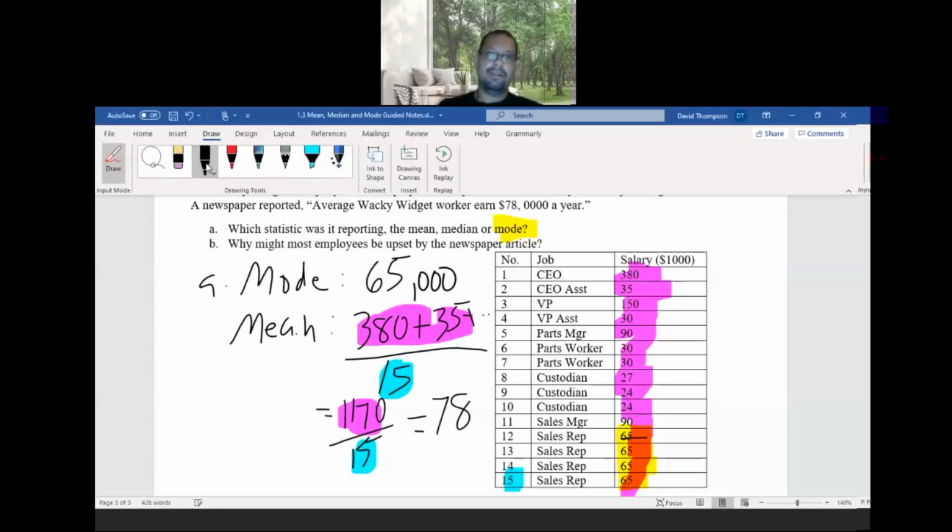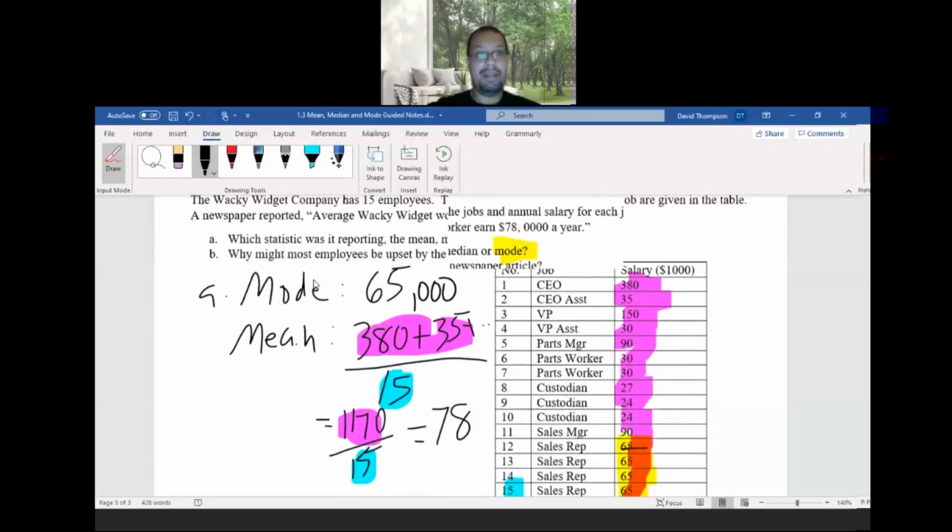So it appears that it might be the mean being reported, but let's just double check the median.